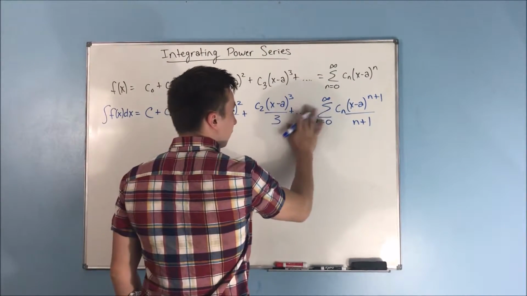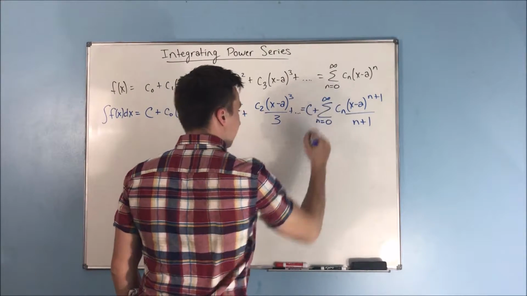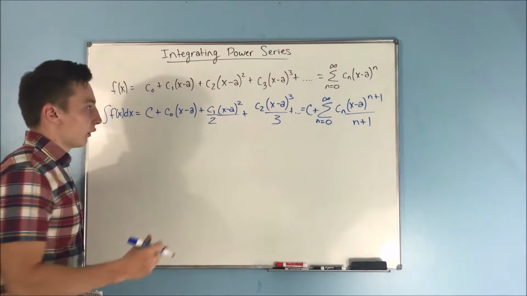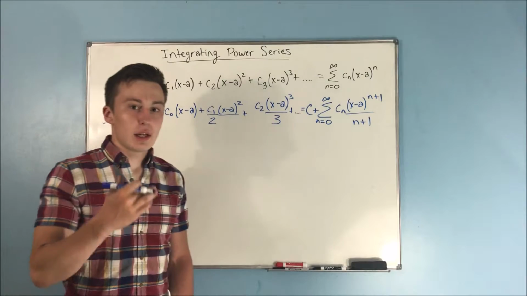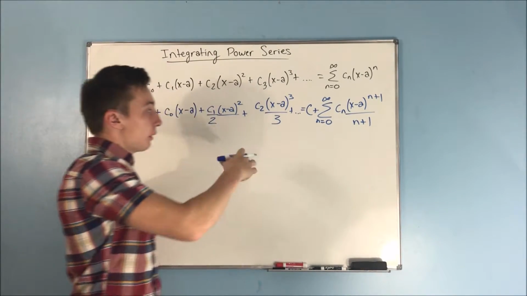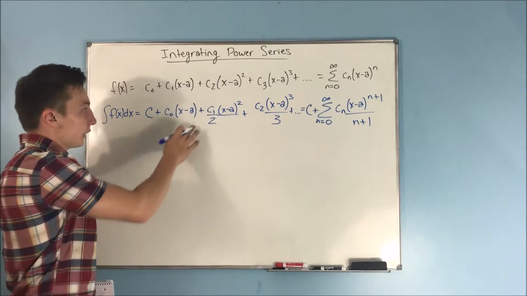Oops, and I forgot our c plus, because the c is not really a part of everything here. The c is its own thing. Now we're still starting at the n equals 0 term, because this didn't go to 0.